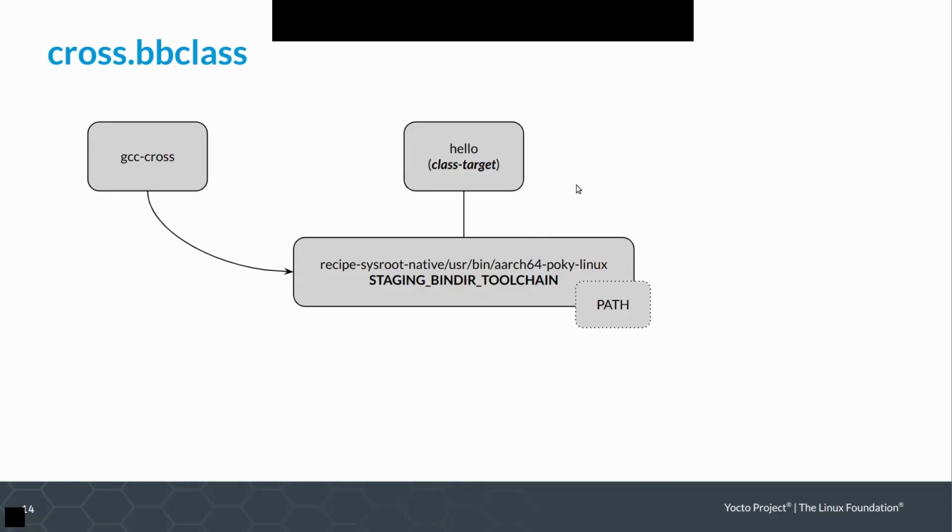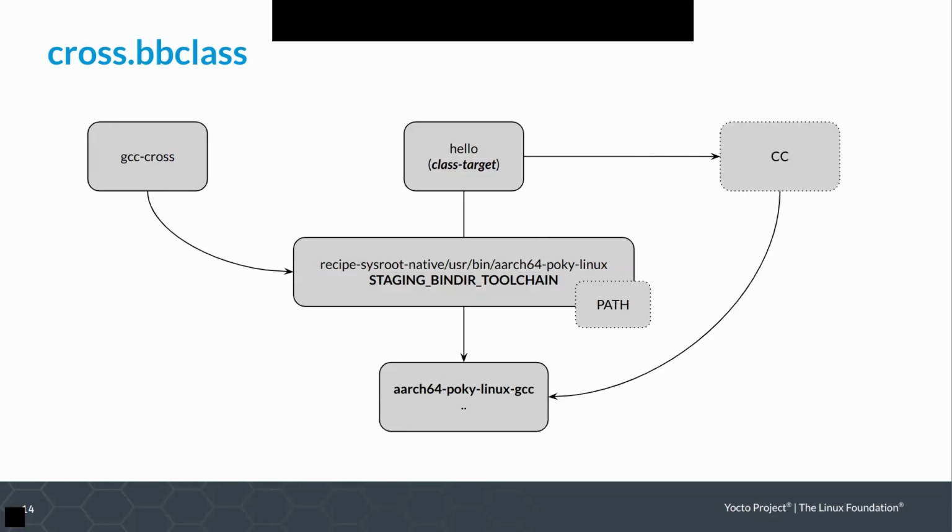The recipe-sysroot-native will be added to the PATH variable of that recipe, which will contain the gcc cross compiler, g++, and all the rest of the toolchain utilities. Now your recipe will set the CC variable. For example, this is just an example.